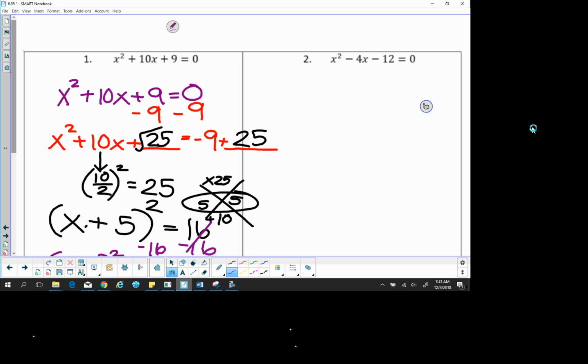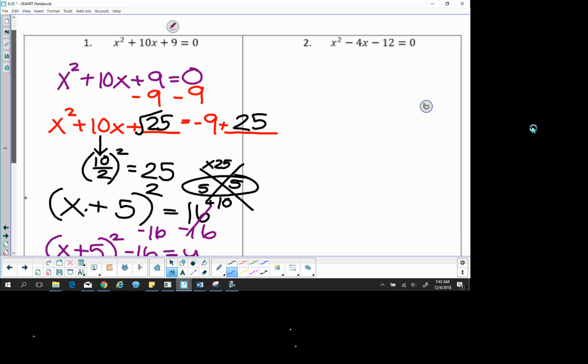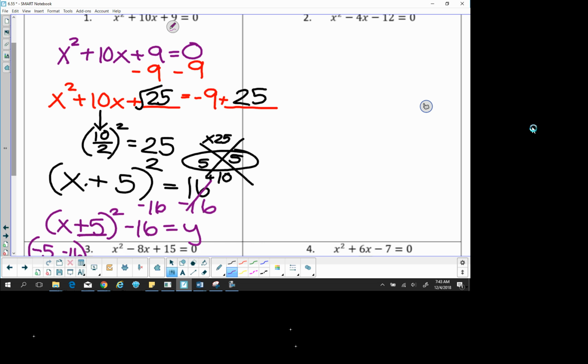But for now, I want to make sure you can do it by hand because there are 10 questions that are not calculator. They may say, okay, what number do I add? How do I complete the square? What number do I add to each blank? Do you get what I'm saying? Try the next one on your own.